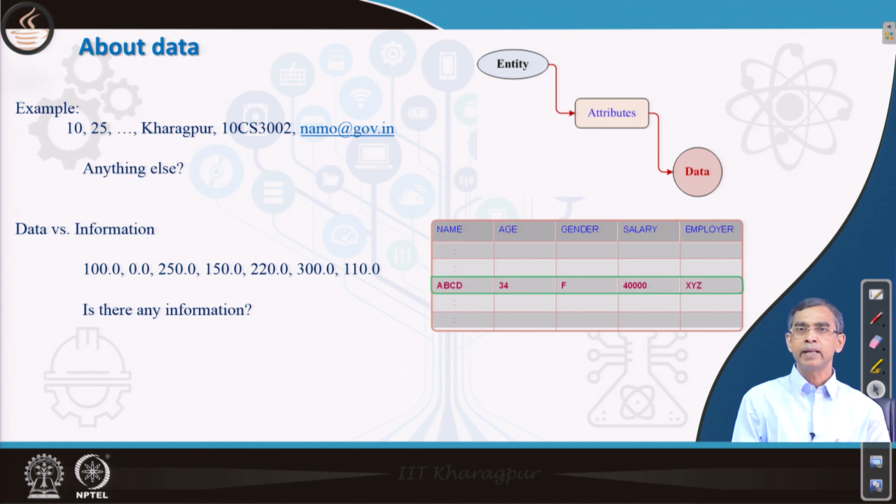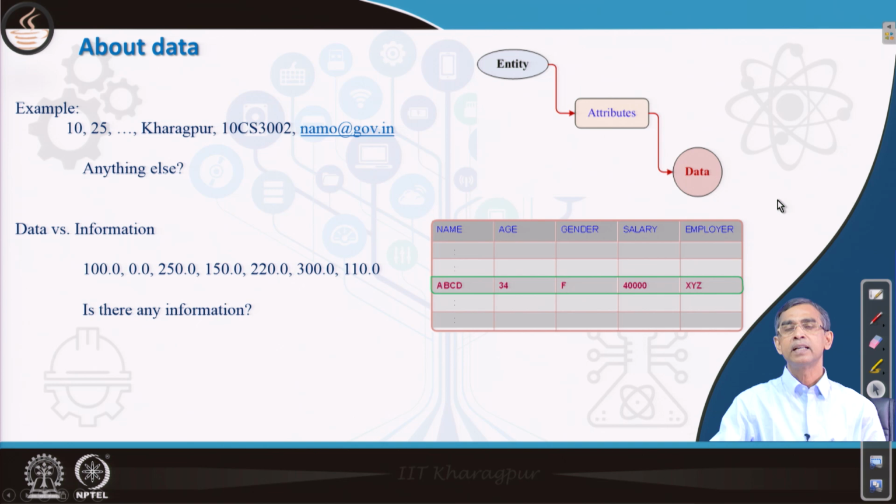Now, an entity which represents a real life thing is basically characterized with a set of attributes. For example, in this table, as we see, the attributes are namely name, age, gender, salary, employer.